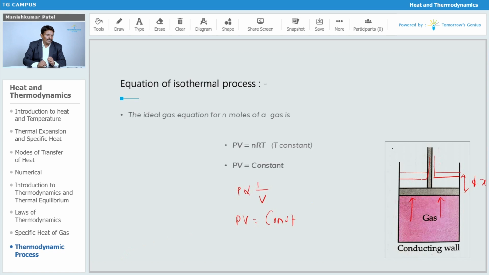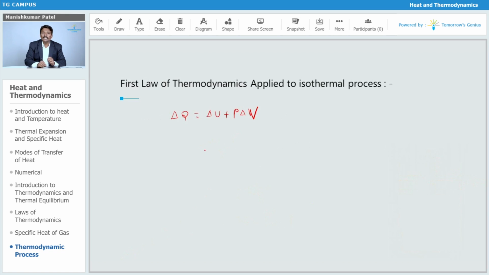That's why we have written delta V equals A into dx, which is nothing but the change in the volume. So delta Q equals delta U plus P into delta V. That is how you can apply the first law of thermodynamics to the isothermal process.